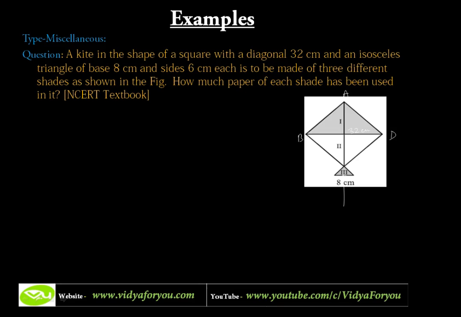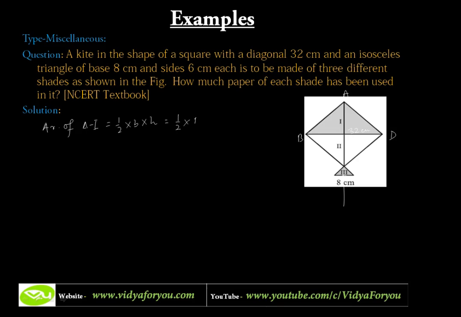So very simple. If we talk about the solution, the area of the square you can directly find, and you can divide it by 2 to get the area of 1 and 2, right? Or let's take the area of triangle 1 is equal to half into base into height. So half base is what? The diagonal.